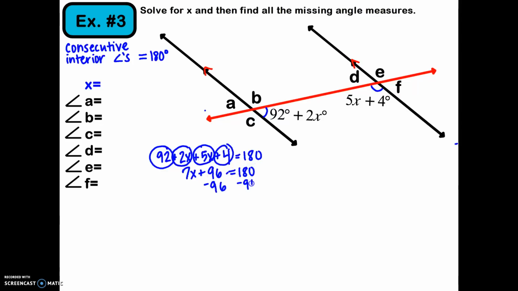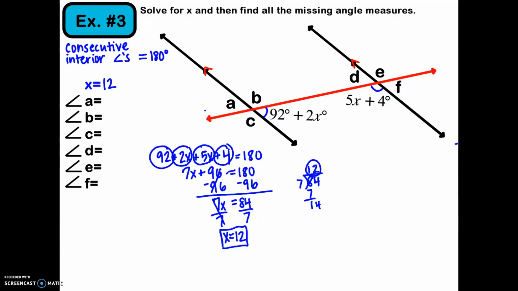Subtract 96 from both sides, and I get 84, I hope. 84 divided by 7. Got to check that out. 7 goes into 8 one time. 7 goes into 14 twice. So x equals 12.